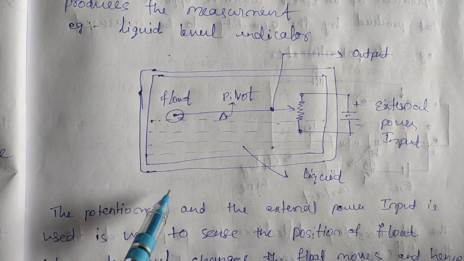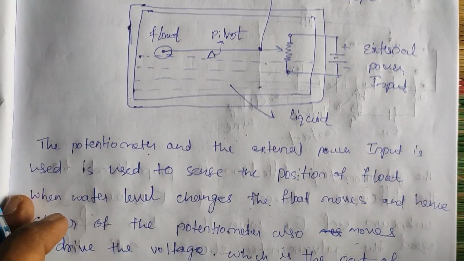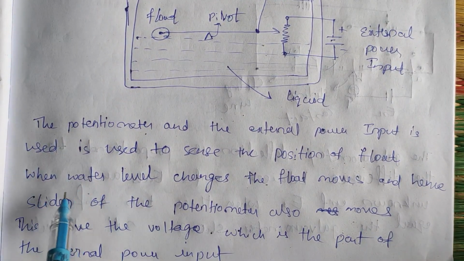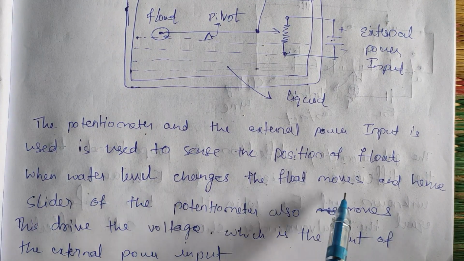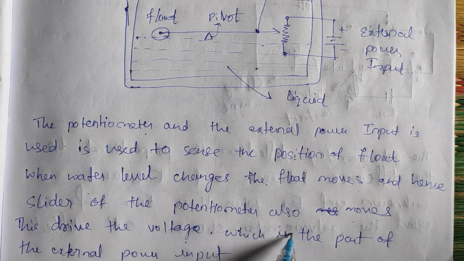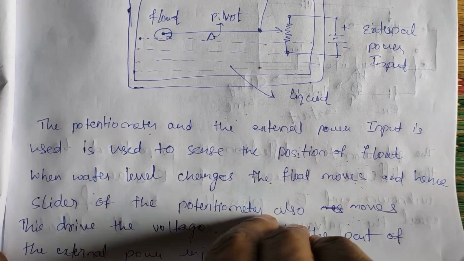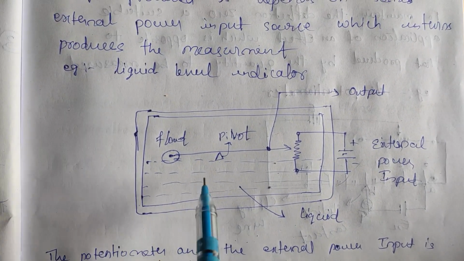instrument. Okay, so here the explanation is like this. When the water level changes, the float moves, and hence the slider of the potentiometer also moves. This drives the voltage, which is part of the external power input. Okay, see here what happens when the water level changes.